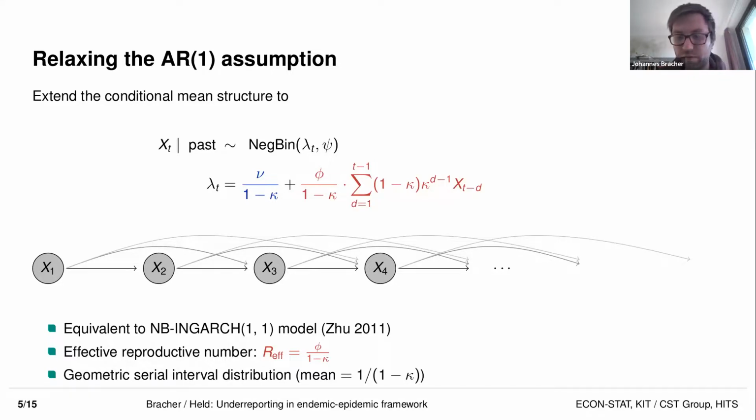So you can rewrite this formulation as a model with geometric lags, and the serial interval distribution would then have a mean of 1 over 1 minus kappa, and the effective reproductive number is just phi over 1 minus kappa. So that's just a different way of writing things down, and it makes it easier to get the theory done.